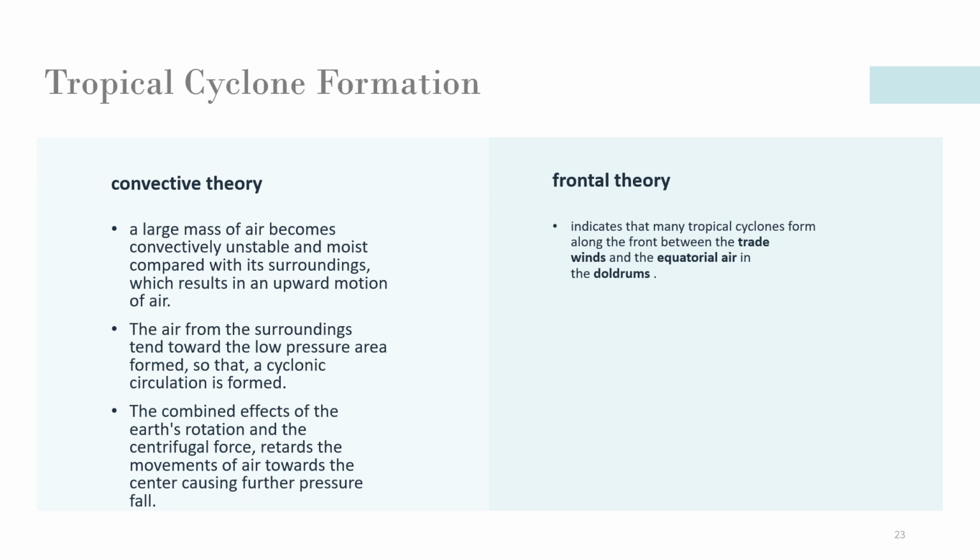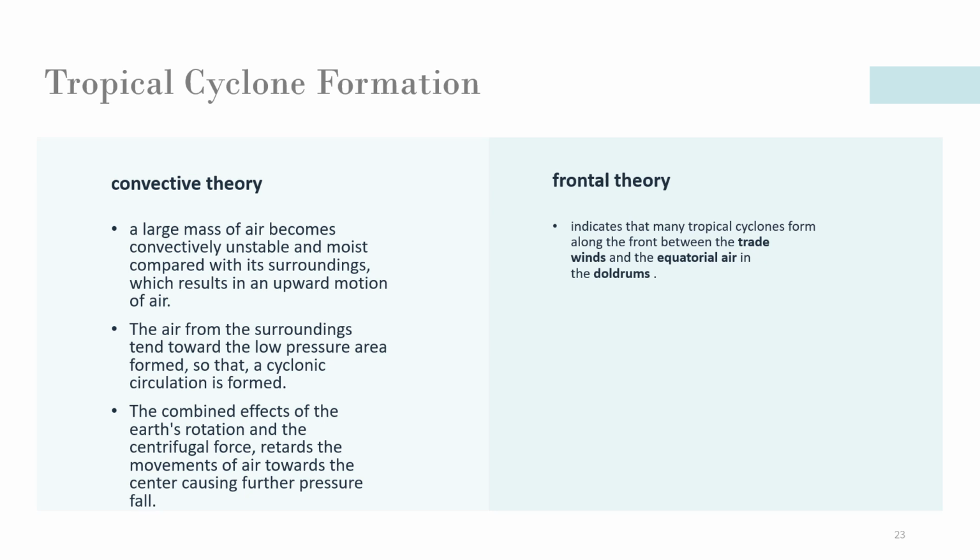We've already discussed the trade winds and the equatorial air in the doldrums. So this frontal theory indicates that these tropical cyclones are formed between the trade winds and the equatorial air.